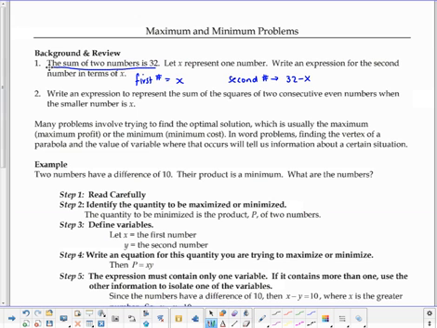Write an expression to represent the sum of the squares of two consecutive even numbers, when the smaller number is x. So first of all, what does consecutive mean? Things are consecutive. Yeah, one after the other.